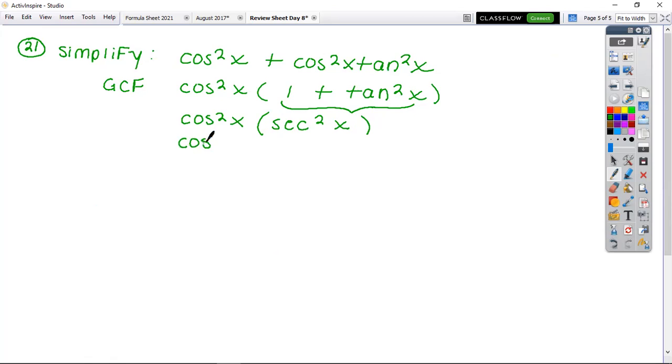So you have cos squared x and then you have 1 over cos squared x. And does that help? Yep, so those cancel. And your resulting answer is just going to be 1. Okay. How are we feeling on that type?